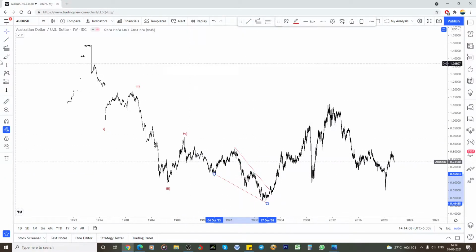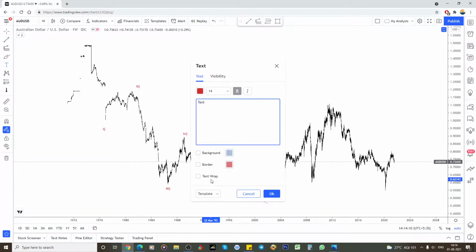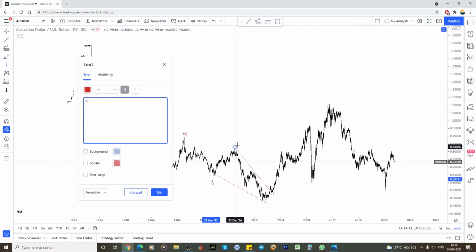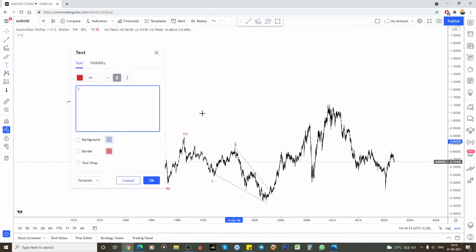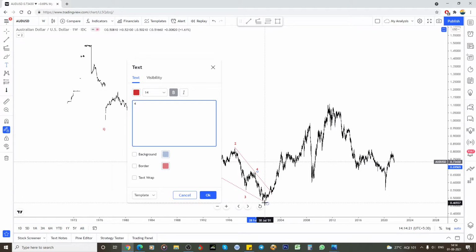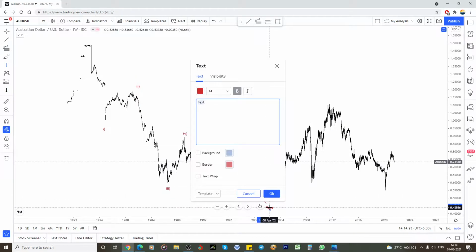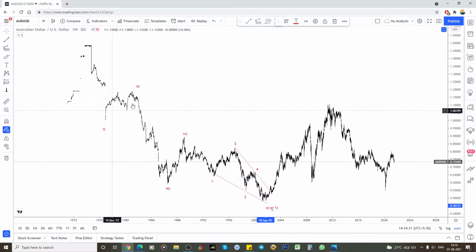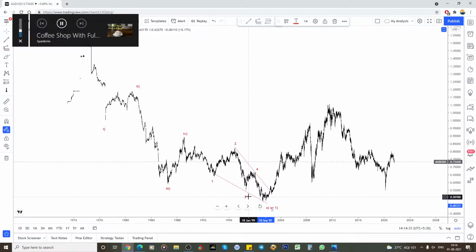Here, this is wave 1. We can use only the numeric waves: this is a 2, this is the third, here it's a fourth, and the 5 has already ended. That means this could be an A or 1 to the downside, because the five-wave structure has already completed here.